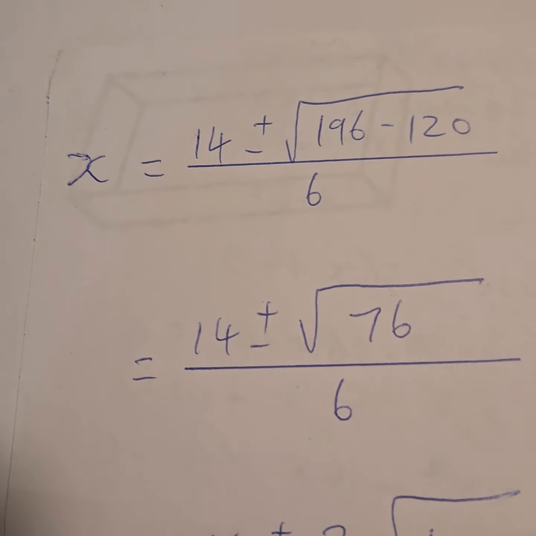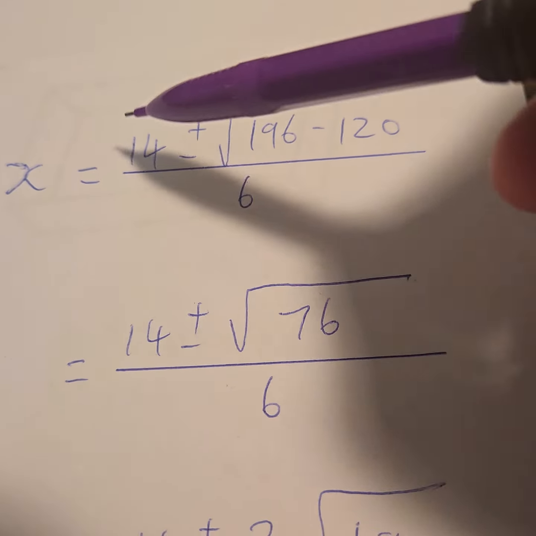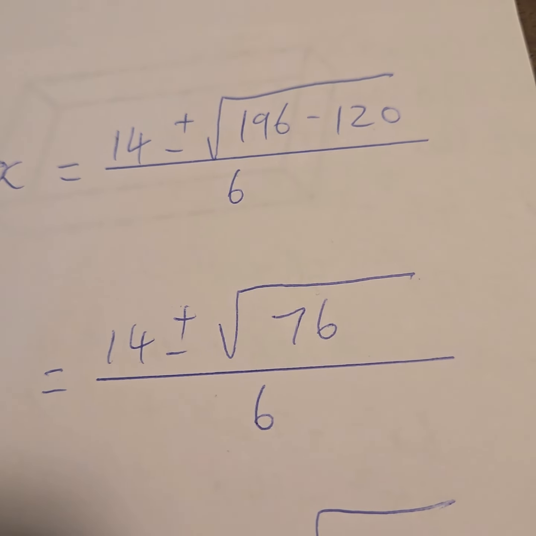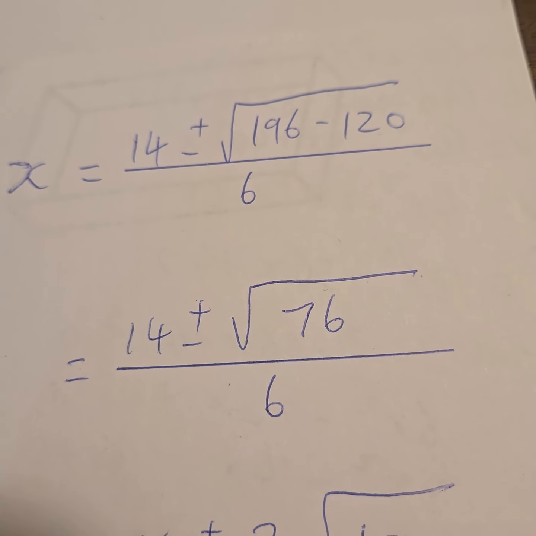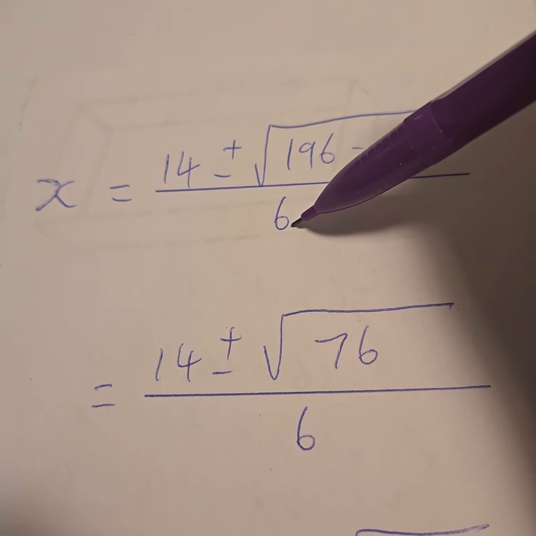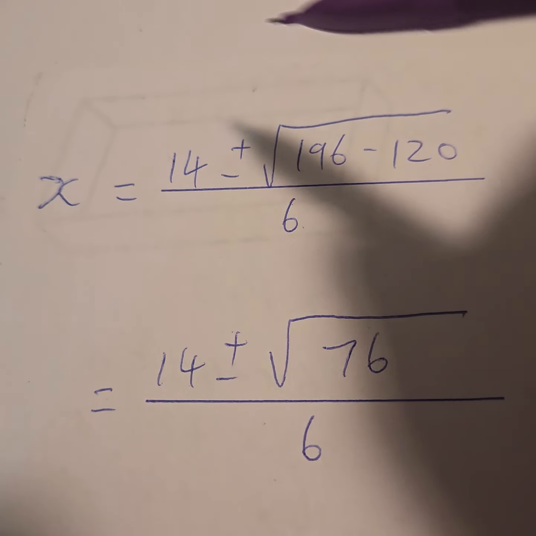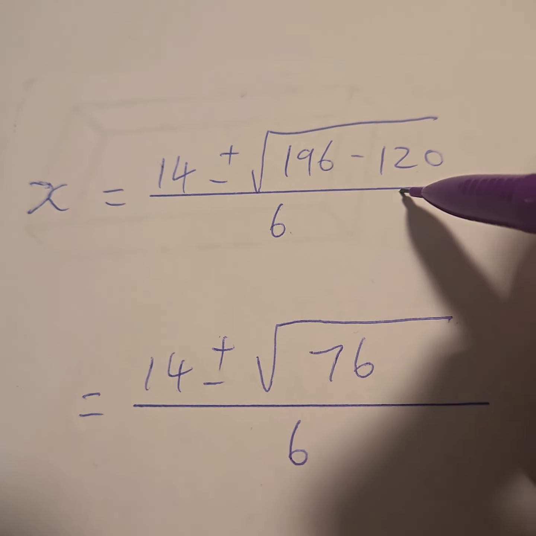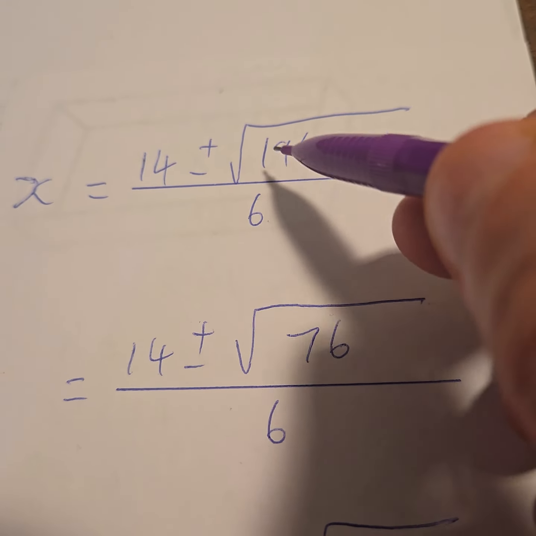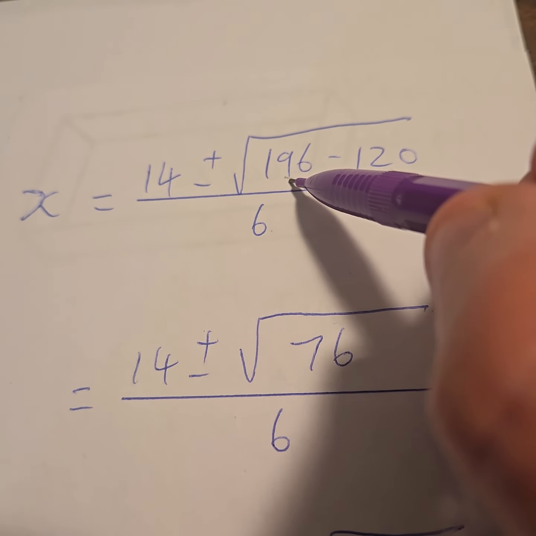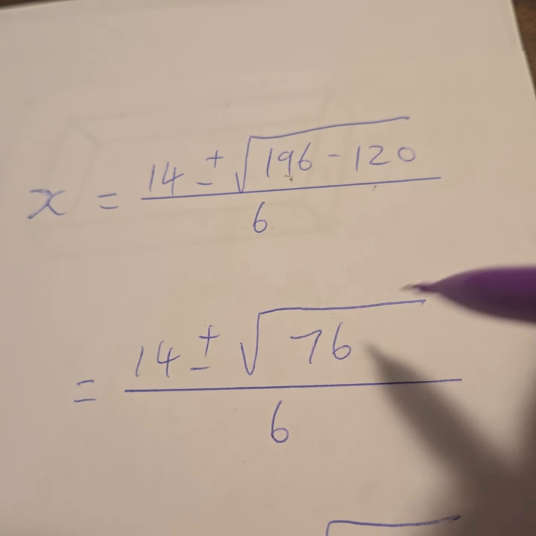Given that, plugging into the formula, that's minus b, that's b squared, that's 4 times a times c, which is 4 times 3 times 10, over 2a, 2 times 3. I should have actually done a term just before. So that's 4ac, which is 4 times 3 times 10. That's b squared, which is minus 14 times minus 14.